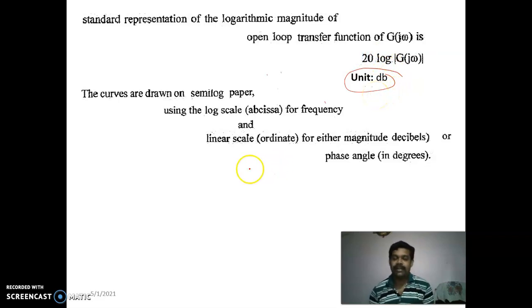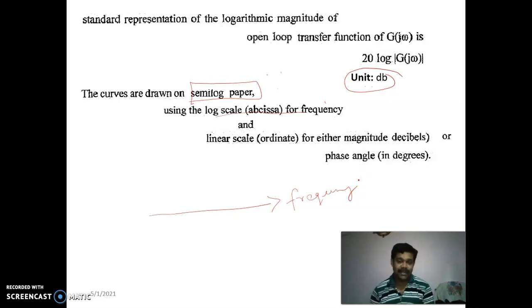Actually, we will be drawing this Bode plot in a semi-log paper or semi-log graph sheet. You will be using a log scale on the abscissa for frequency, that is, the x-axis is for frequency.